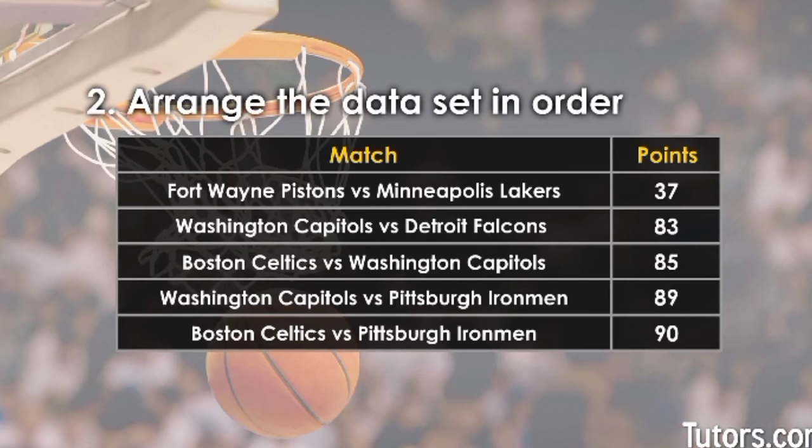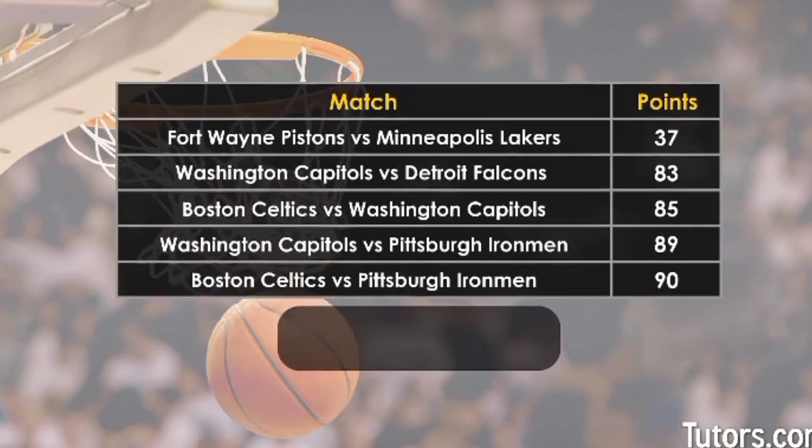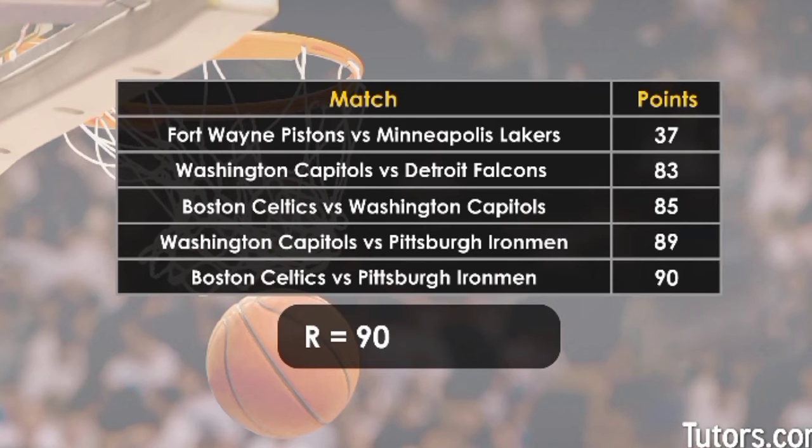Arrange the data set in order from least to greatest. Finally, Step 3. Write a subtraction sentence to subtract the smallest value from the greatest value. That will be R equals 90 points minus 37 points, which is 53 points. The range of the 5 lowest scoring games in NBA history is 53 points.